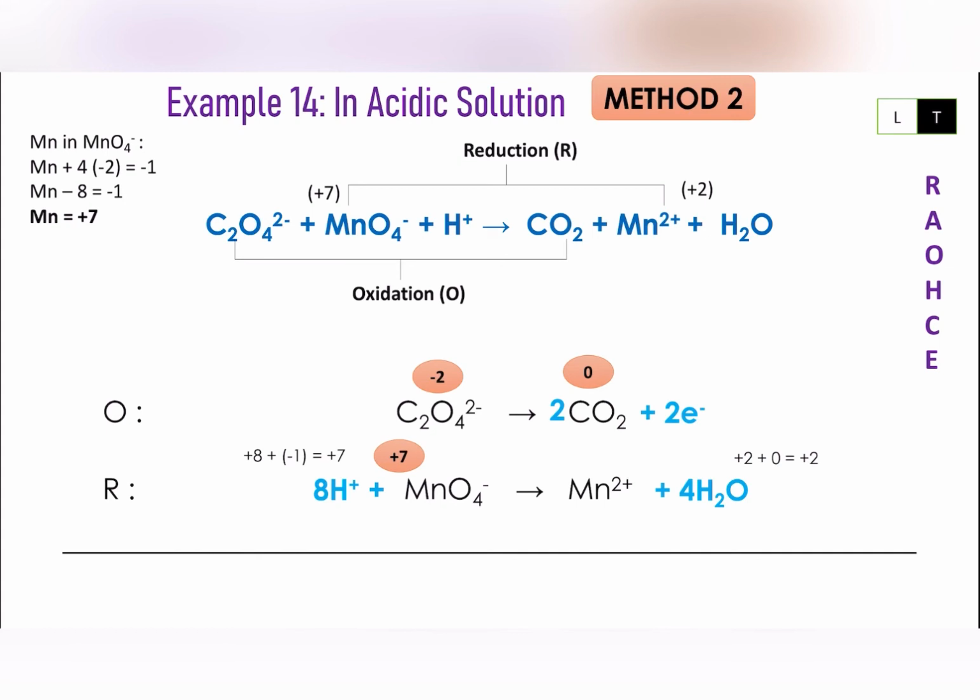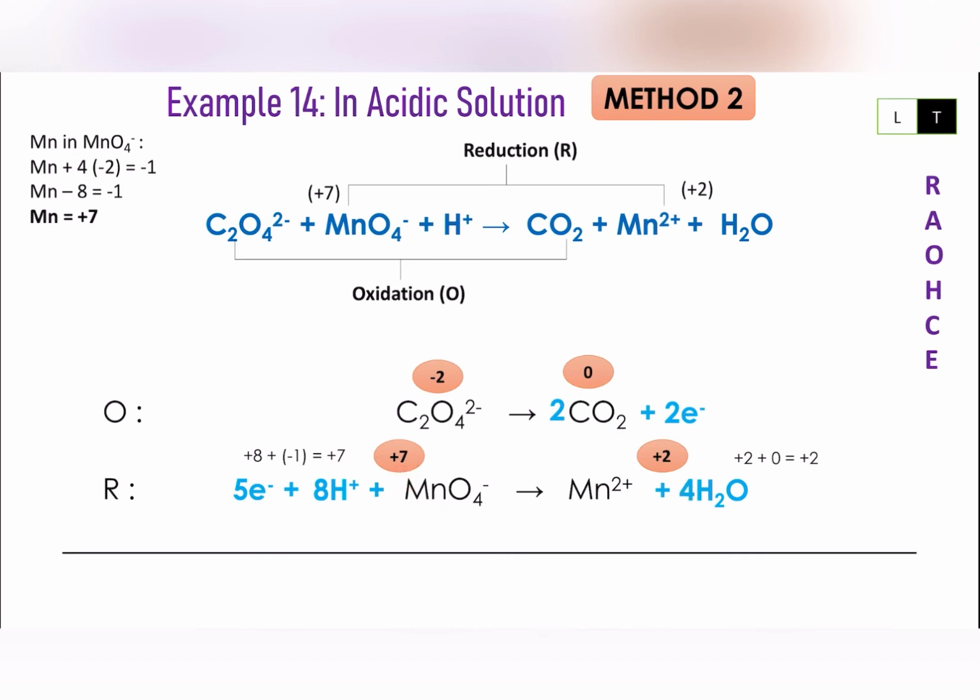So the total will be positive 2. You got 7 here and 2 here. In order to get 2 from 7, you have to minus 5. So I put 5 electrons at the left side because 7 is more positive than 2.